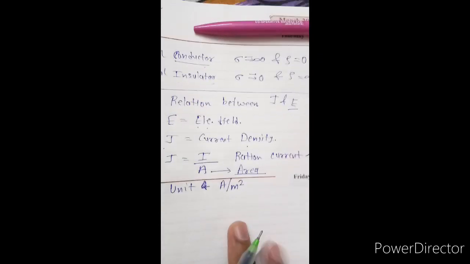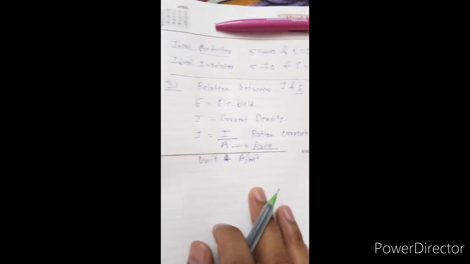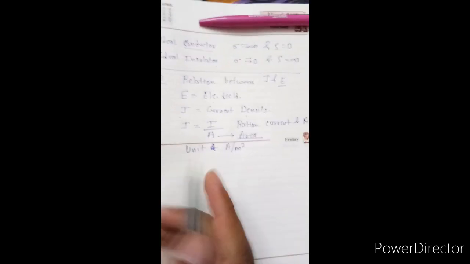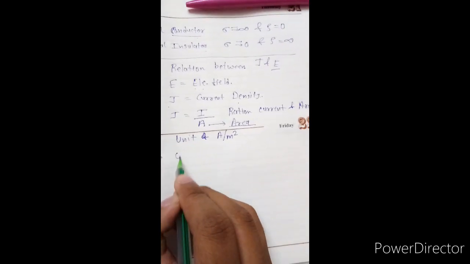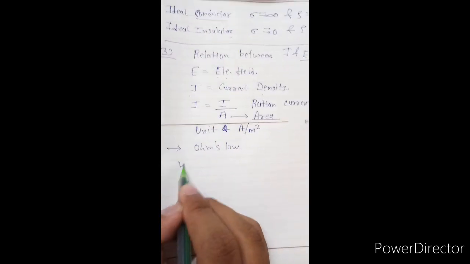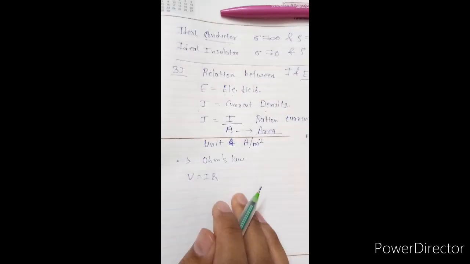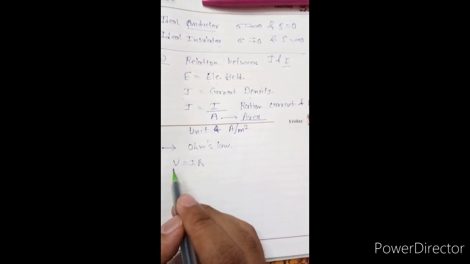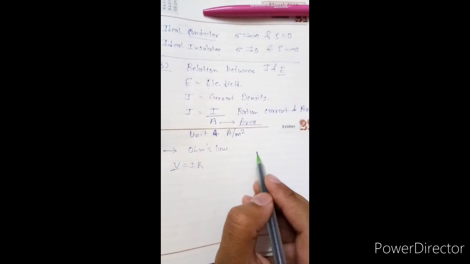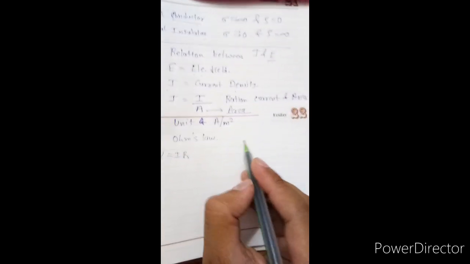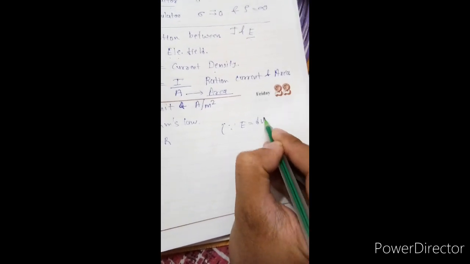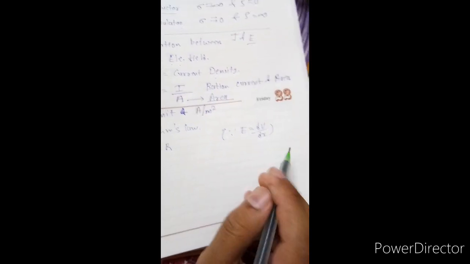Let's come to the topic, which is the relation between J and E, current density and electric field. We have to derive the relation between these. Ohm's law: the formula of Ohm's law is V is equal to IR. What is the relation between voltage and electric field? In the second chapter you will learn that E is equal to minus dV upon dx.